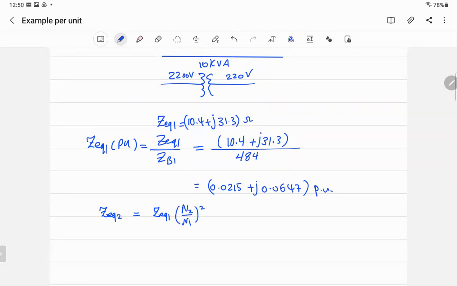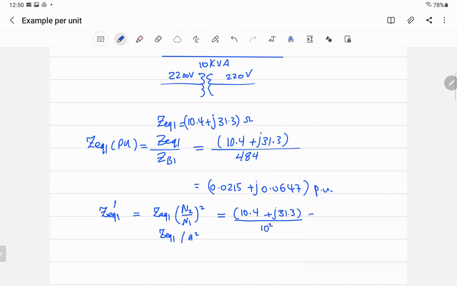N2 over N1 is the opposite of A, so it is Z equivalent 1 divided by A squared, and A is equal to 10.